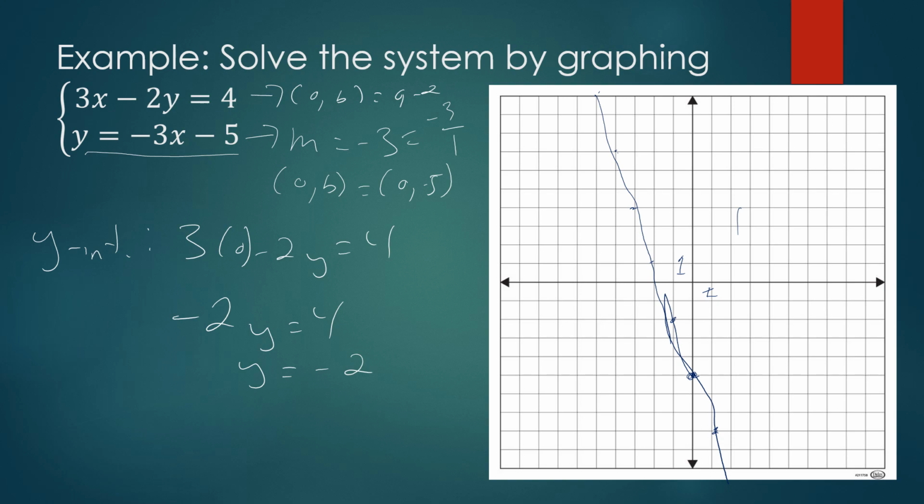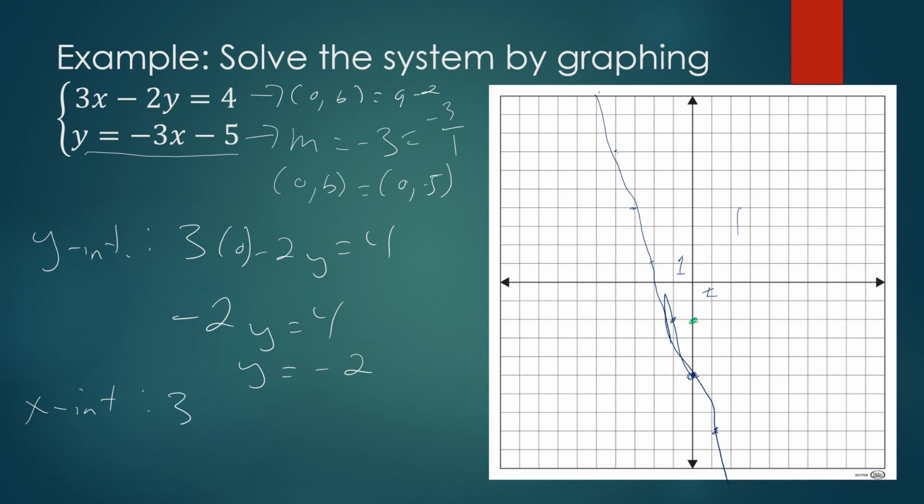I'll go ahead and use green. So (0, -2), it's going to be right here. Okay, but now I have to find another point, or I need to find the slope. In this form, it's easier to find the x-intercept than to put it in slope form.